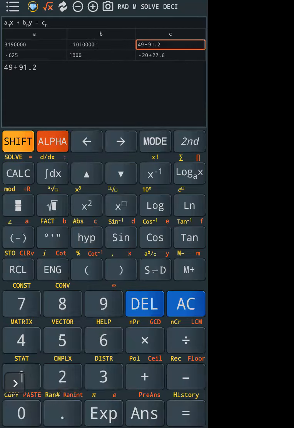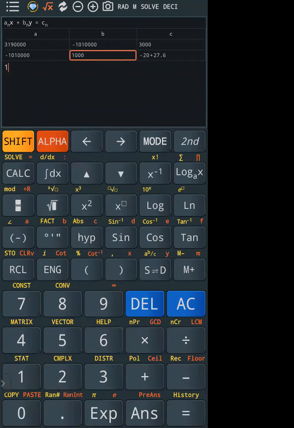Clear? Then you have 3000, right? Then we need to put again minus 1.01 into 10 raised to power 6.